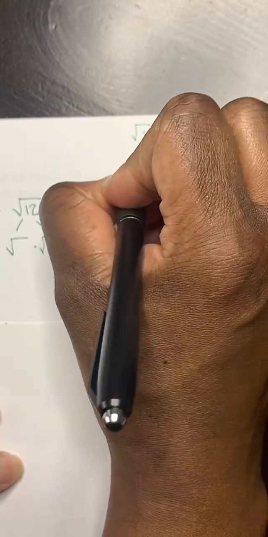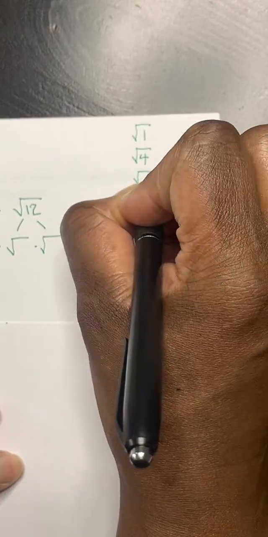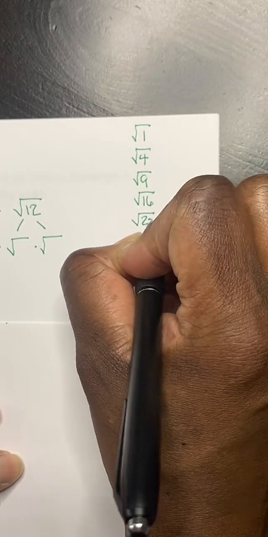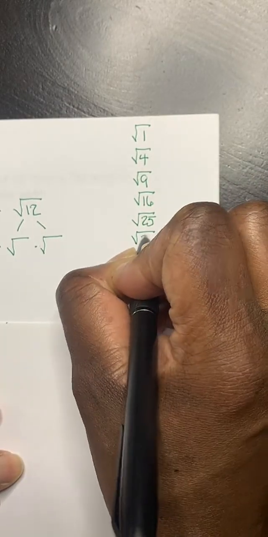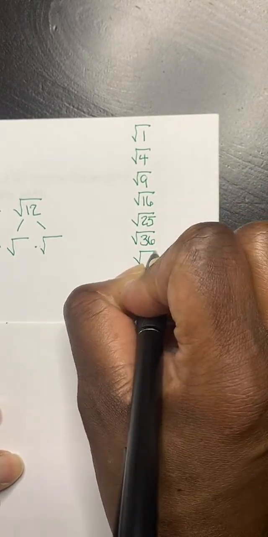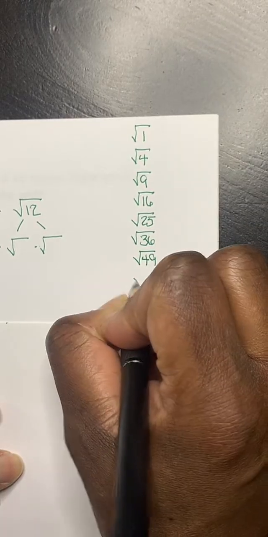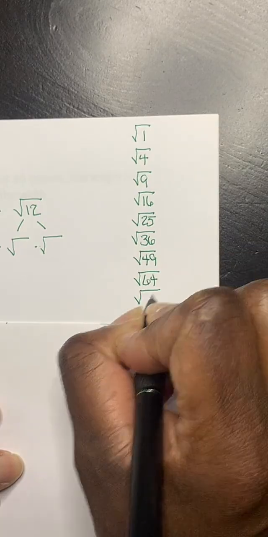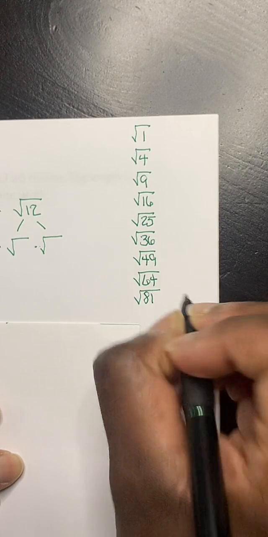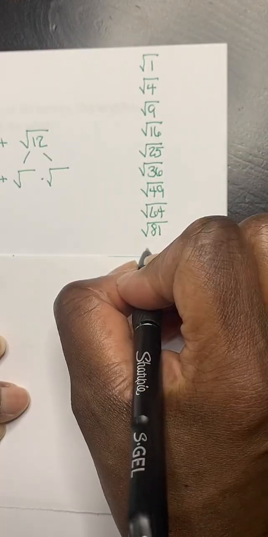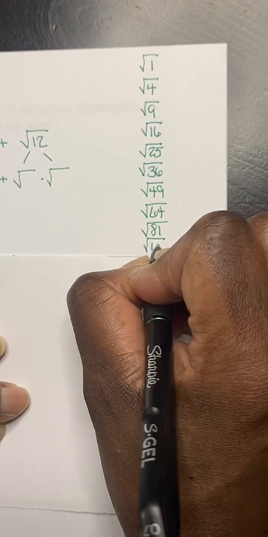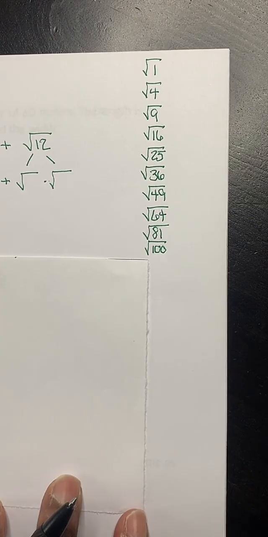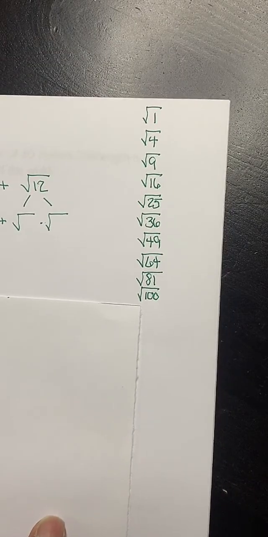Square root of 1, square root of 4, square root of 9, square root of 16, square root of 25, square root of 36, square root of 49, square root of 64, square root of 81. Sometimes I get brain farts too. And we'll just stop at 100, even though we could go square root of 121 for 11, square root of 144.